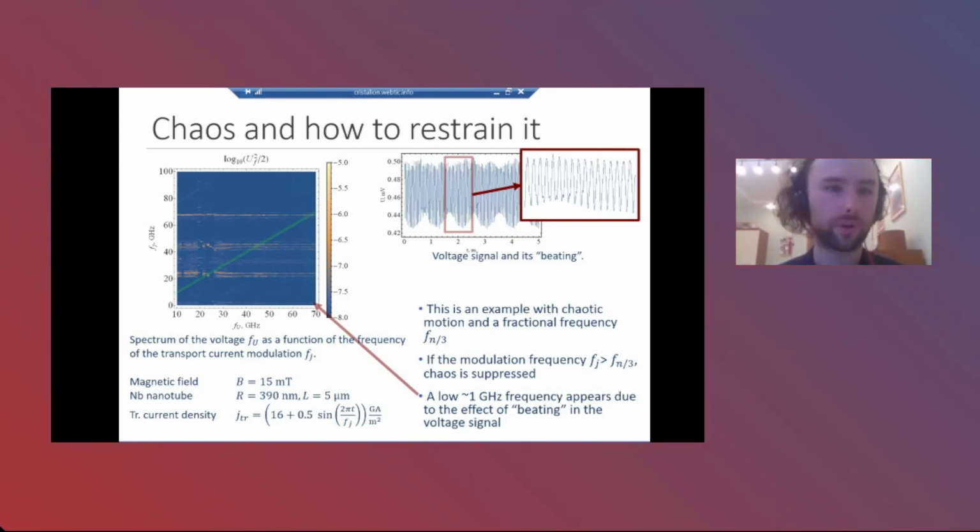However, in this case, which is presented on the slide, we also have a fringe of frequencies. You can see it on the right side of the left panel, and this happens due to the effect of the voltage signal beating.